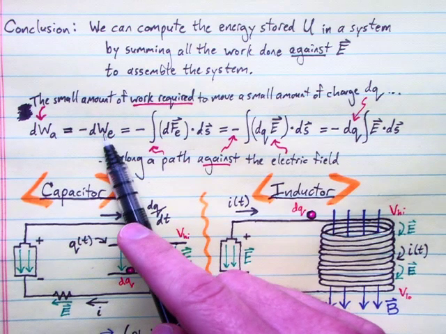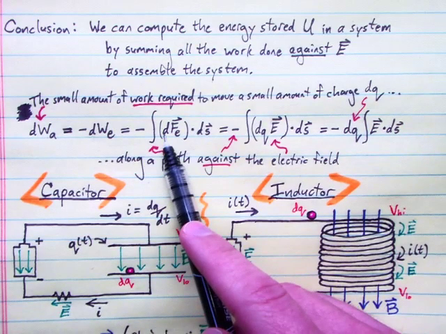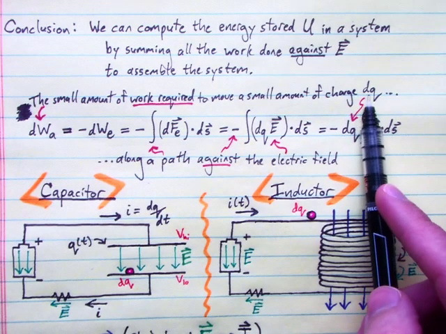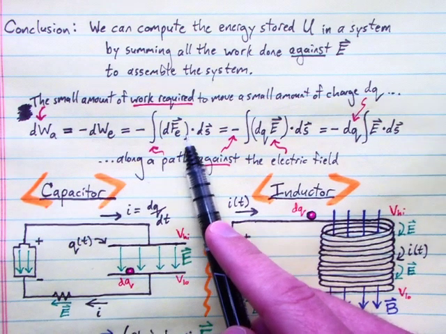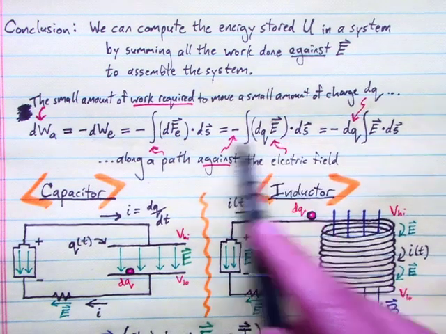The work done by an electric field is defined here as the electric force on some small amount of charge. If the charge is infinitesimally small, then the electric force acting on it is also infinitesimally small, because our electric force equals Q times the electric field.